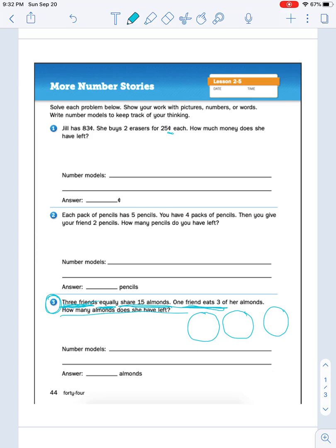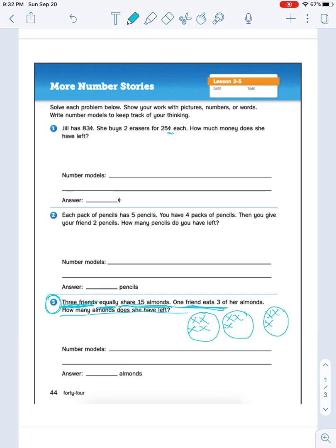I don't know how many is going to go in each group because I haven't divided them up nicely yet. So I'm going to give each group 1 until I run out of almonds, okay? So I'm going to give this one 1. I've used 3 now. Now I'm going to give them another one. I've used 6 now. Give each person another one.